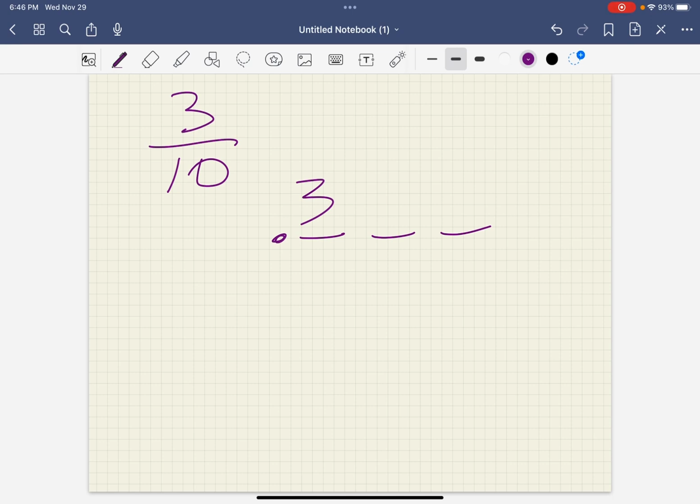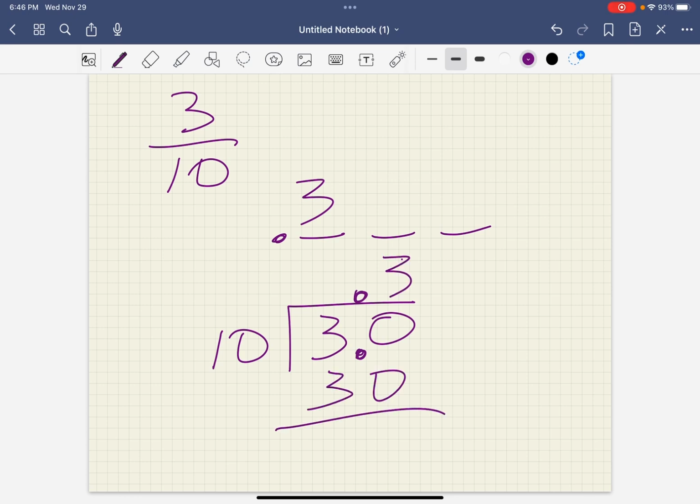If you don't recognize it, then put the 3 in the box, 10 out here, put your decimal, bring it straight up, add a 0. So how many times does 10 go into 30? 3 times. And there it is. So either way you're going to get 0.3.